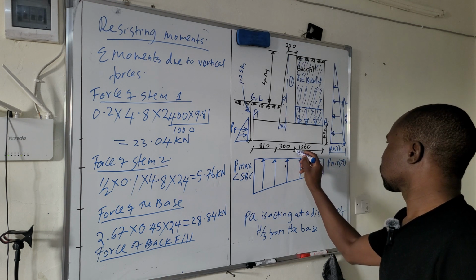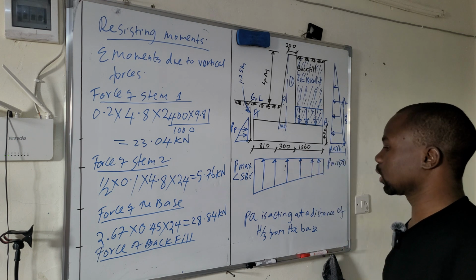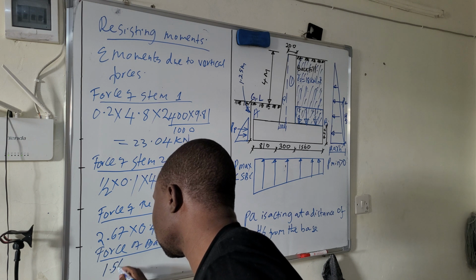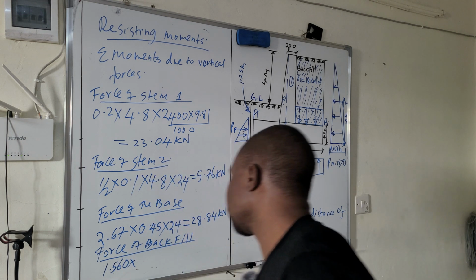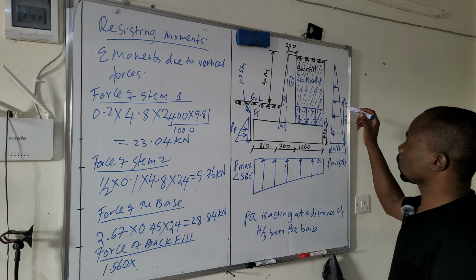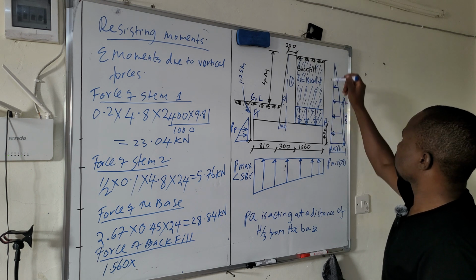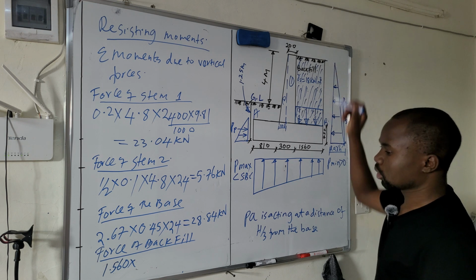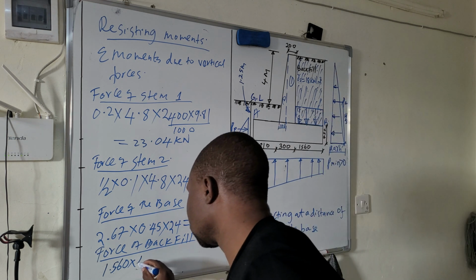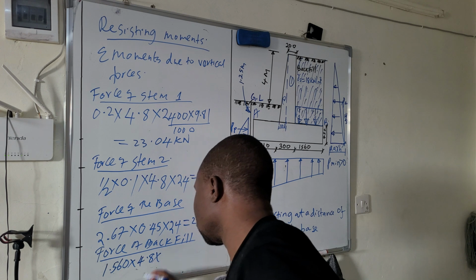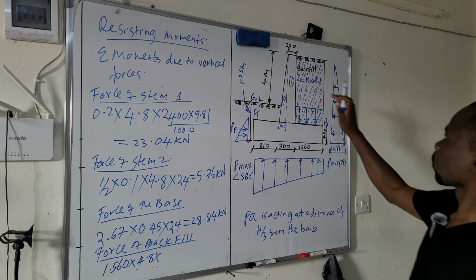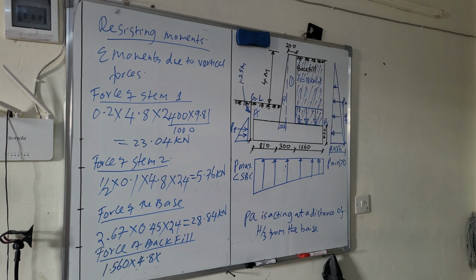So the width is 1560, which is 1.560, then times the height, or the length is from here to here, which is 4.8, times the unit weight of the soil, which is 18 kilonewton per meter cubic.